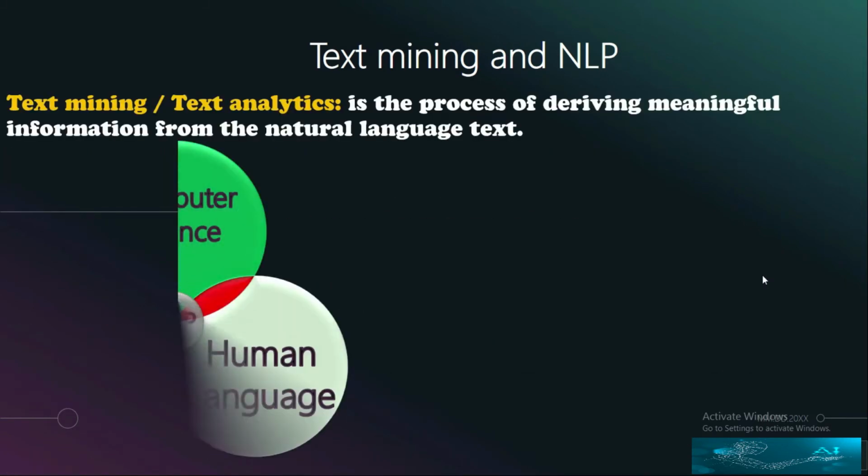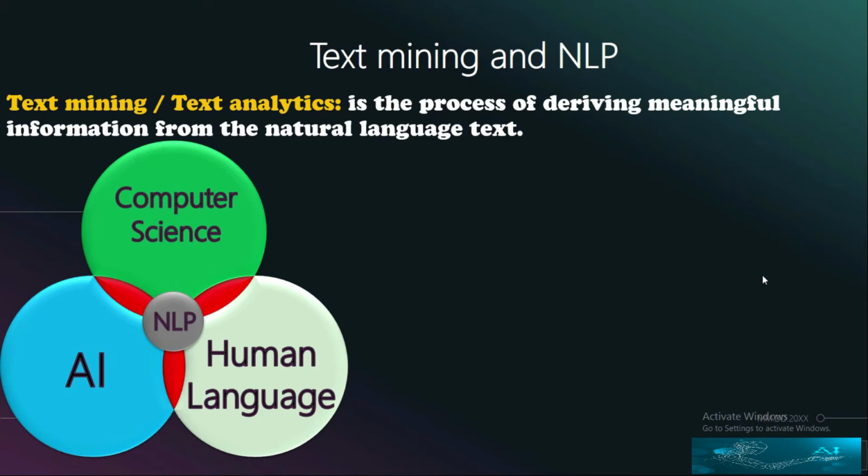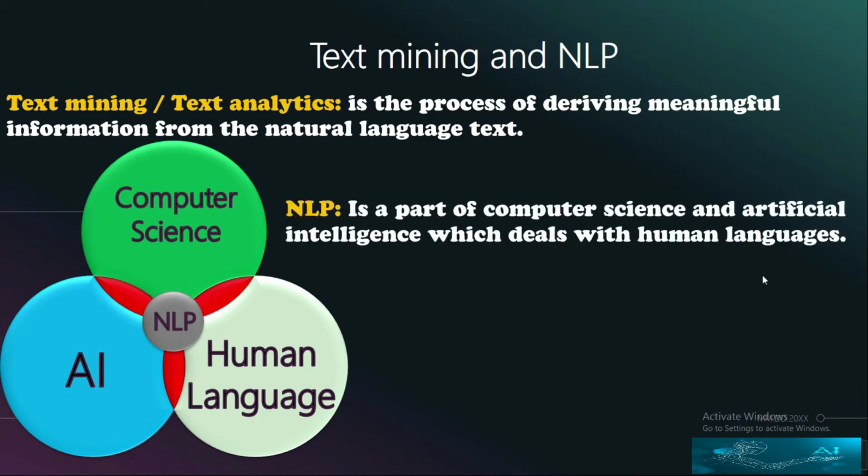So text mining or text analytics is the process of deriving meaningful information from natural language text. It usually involves the process of structuring the input text, deriving patterns within the structured data, and finally evaluating and interpreting the output.